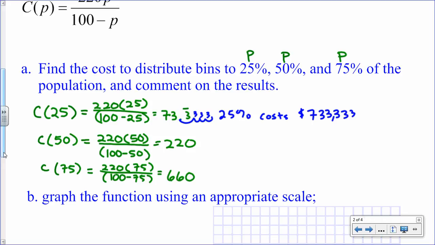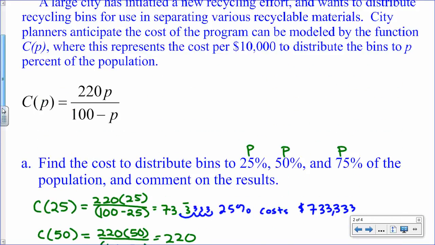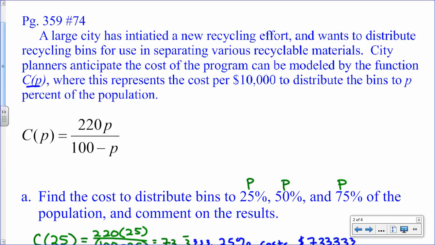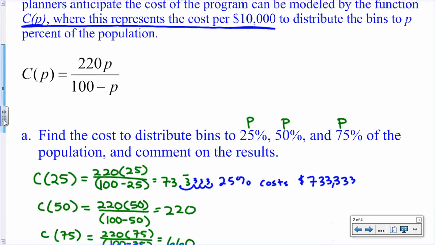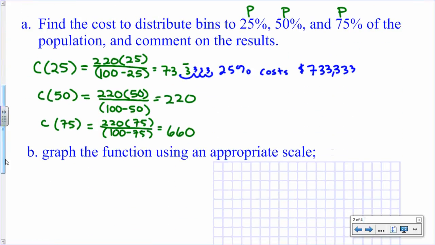How did you get to 700? Because the cost is in 10,000. So I moved over 4 places. So I'm going to do the same thing here, but since these were exact, I'm just adding 4 zeros to the end of it.